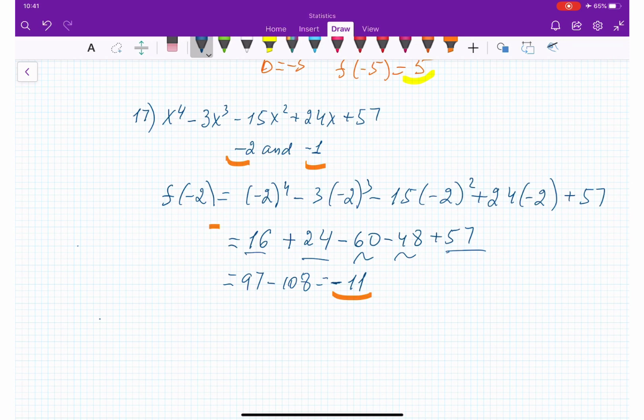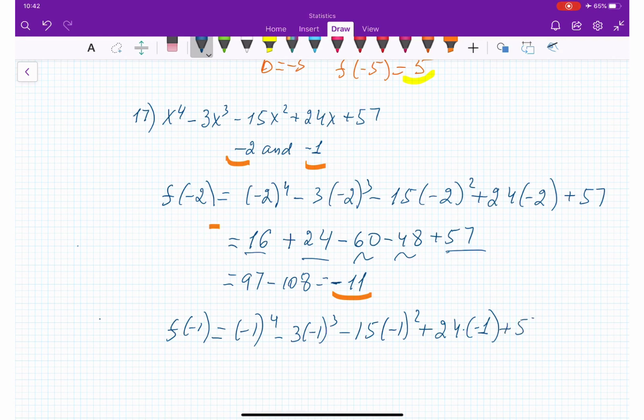Next we are going to do f of -1. So -1 to the power 4 minus 3 times -1 to the power 3 minus 15 times -1 to the power 2 plus 24 times -1 and plus 57.